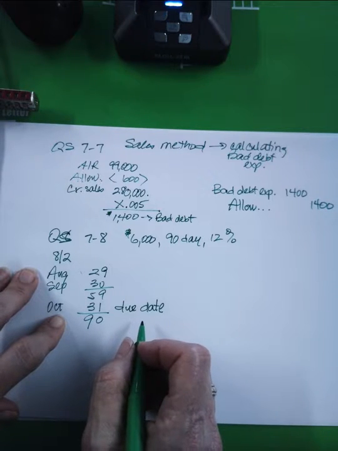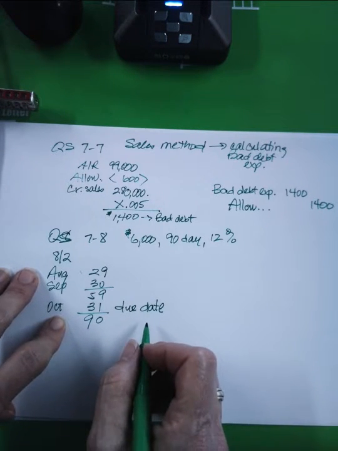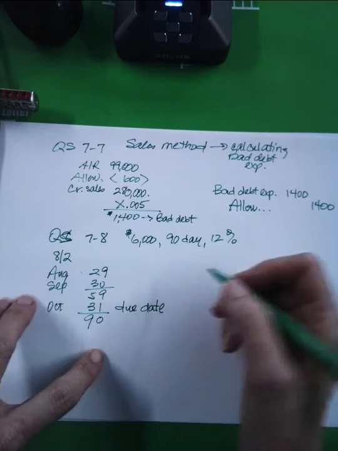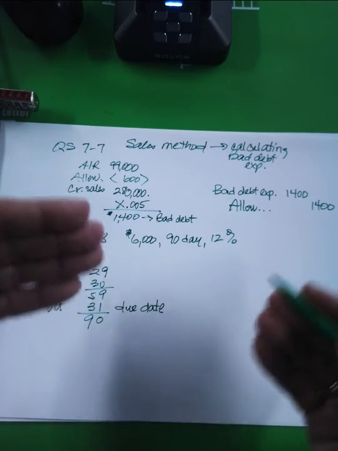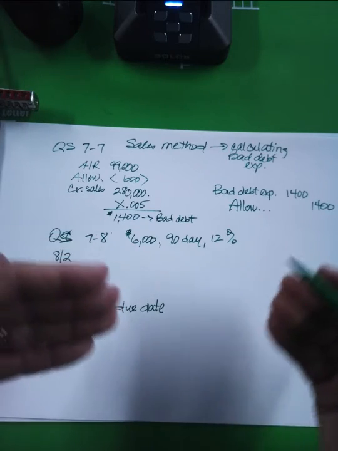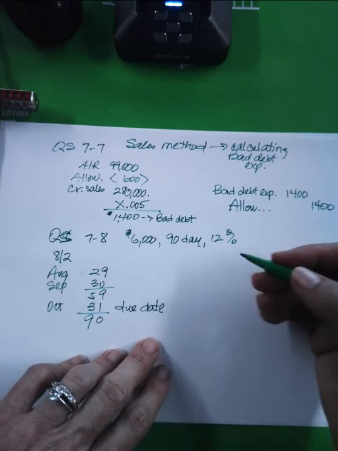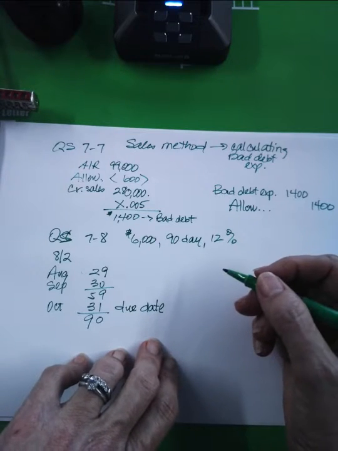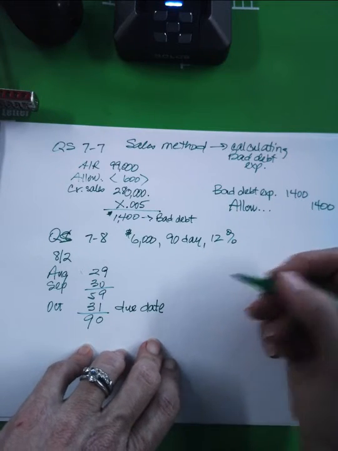Now, the next thing we are going to do is prepare the journal entry that we should make on August 2nd when we loaned the money. Often, if we've got a customer that we really like and they get in financial trouble and they're paying us late, sometimes we might say, let's take this out of accounts receivable and put it in notes receivable, and you start making payments on it, and then when you're paid up, we'll start shipping you more goods again and charge them interest.